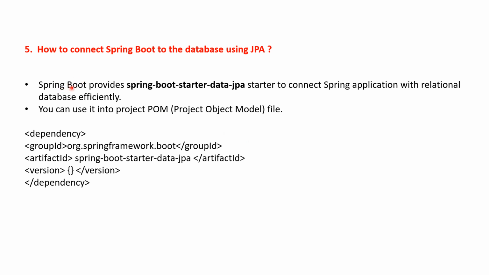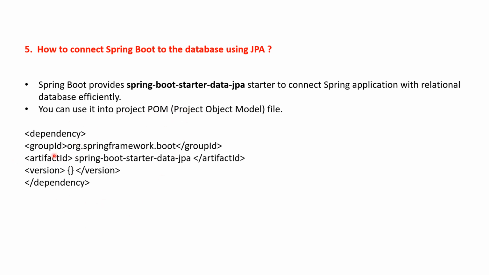Here also Spring Boot provides us a starter, Spring Boot starter data JPA, particularly if you want to connect a Spring Boot application to the database using JPA. This provides a starter to connect the Spring application with the relational database efficiently, and you can use it in the project, that is the POM file, as I said.